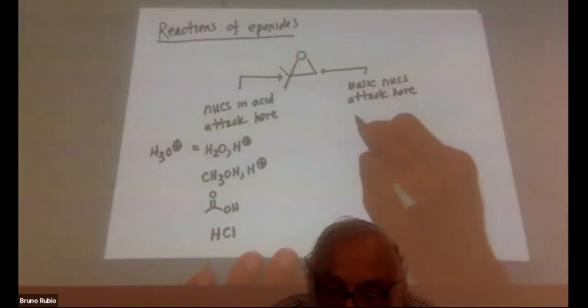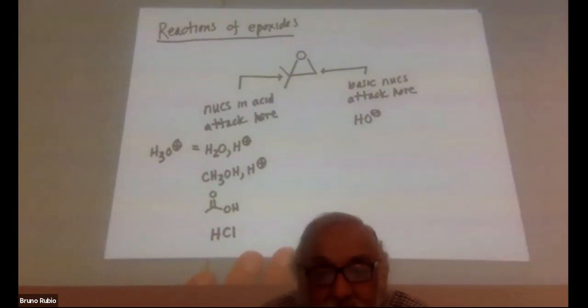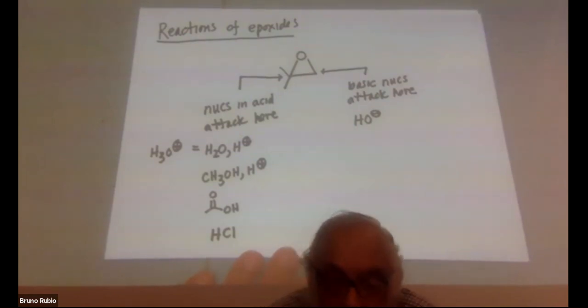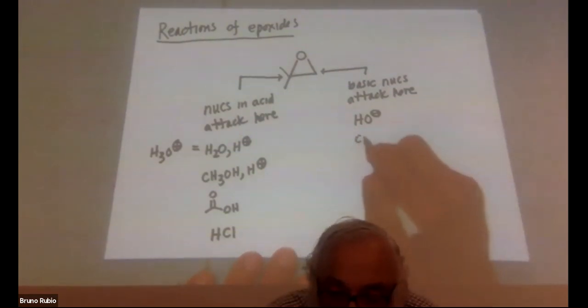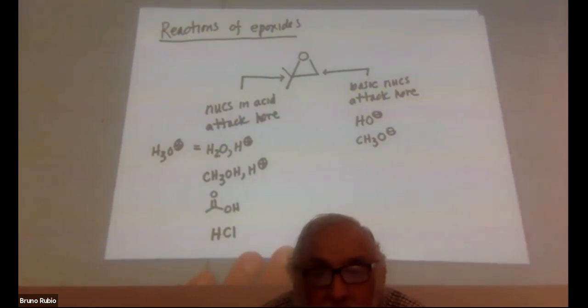So a base could be hydroxide. Is that a nucleophile? Oh my heavens, yes. Is it a base? Oh my heavens, yes. How do I know? That negative charge is a big tip-off. Another basic nucleophile could be alkoxide, right? This was the same nucleophile that we saw in the Williamson.